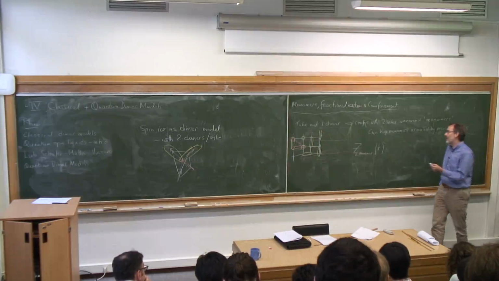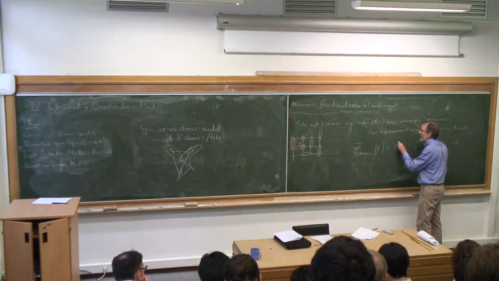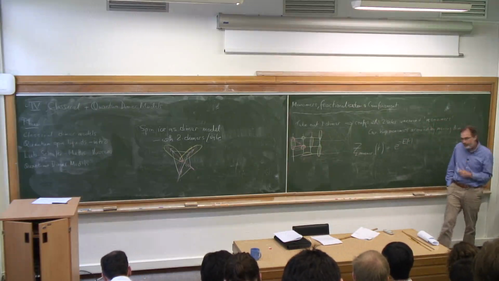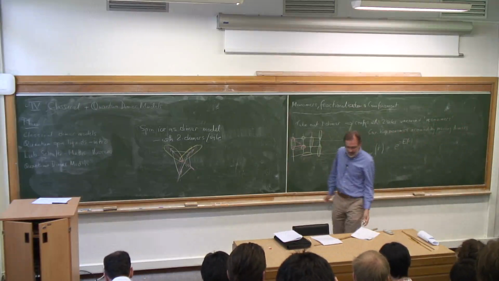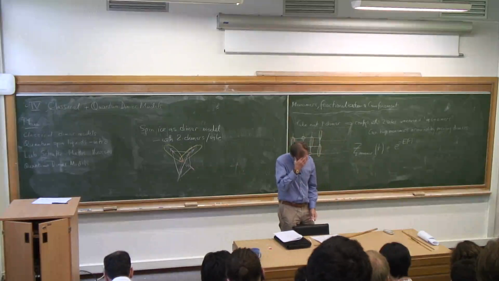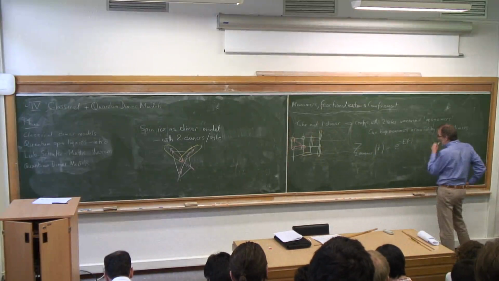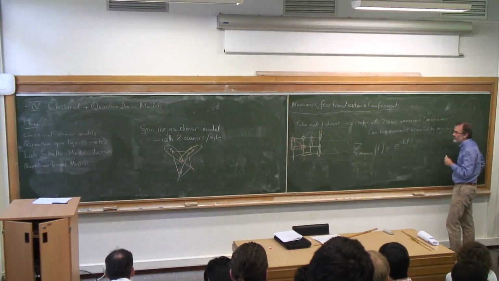And in the usual way, we might think of that as the exponential of some energy. And the question will be how this energy varies with the separation of the monomers.